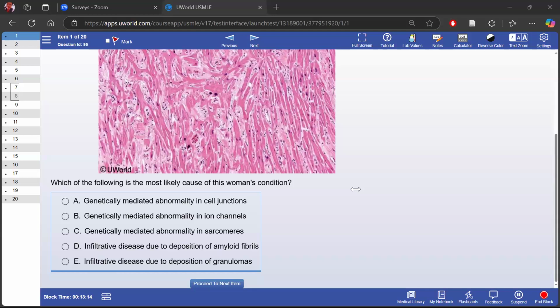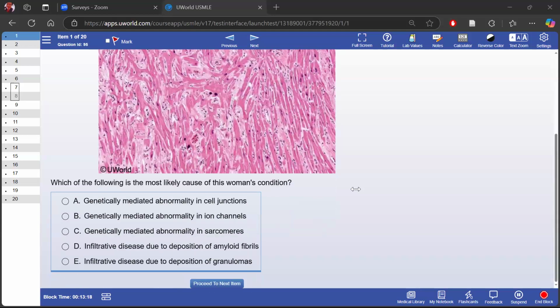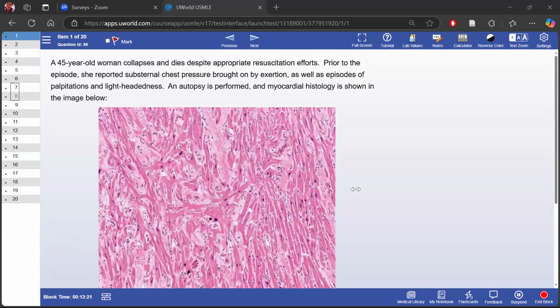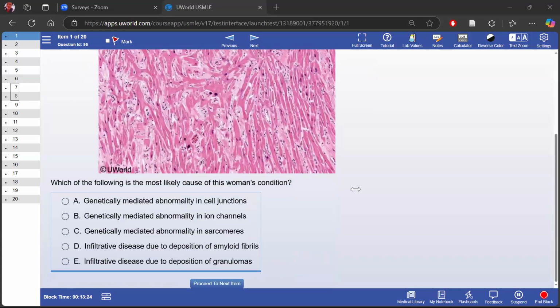The poll is almost closing, so pick an answer. Closing the poll in 5, 4, 3, 2, and 1, okay?